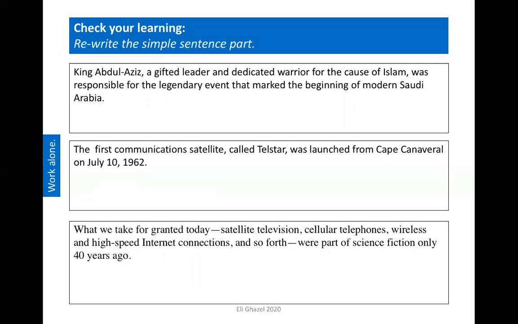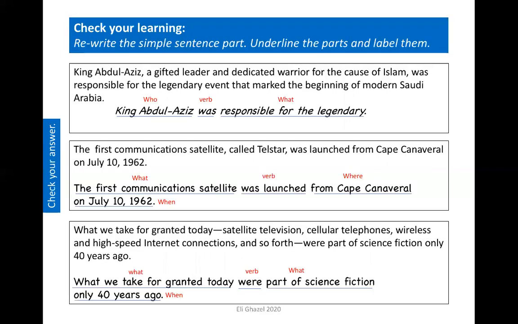After that, as usual, you give them the answers for them to check their answers. Now notice what we have added here is that you underline the parts and you label them to say which part is the who, which part is the verb, etc. So far so good? Great.